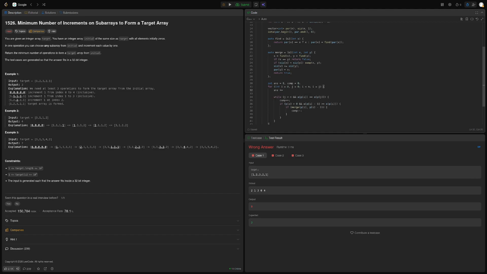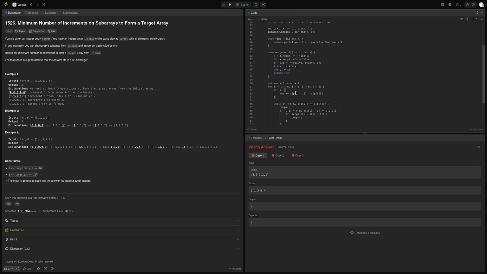So answer plus equals the delta, which is a[p[i] - 1] minus a[p[i]], I think.